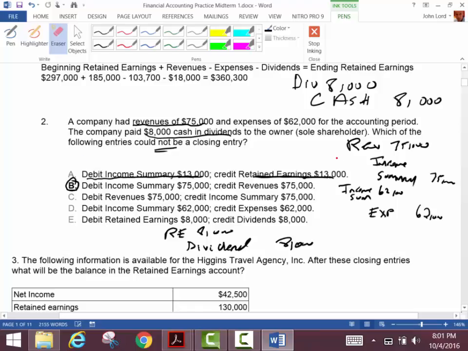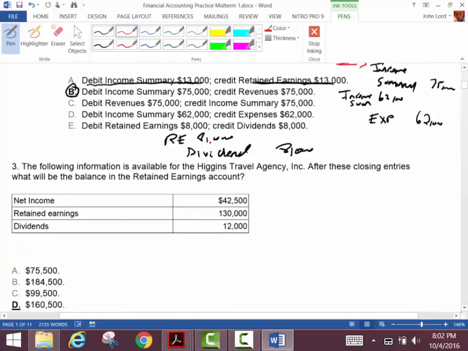Now, we debit revenue and credit the income summary for the closing entry, right? So that one is not a closing entry. Debit revenue, credit income summary, yes, we did that. Debit income summary, credit expenses, we did that. Debit retained earnings and credit dividends, we did that, right? So the key word here was what? Not. Okay.